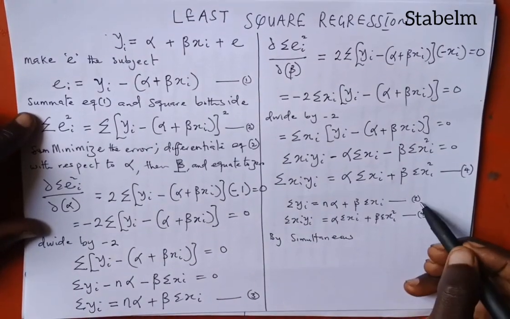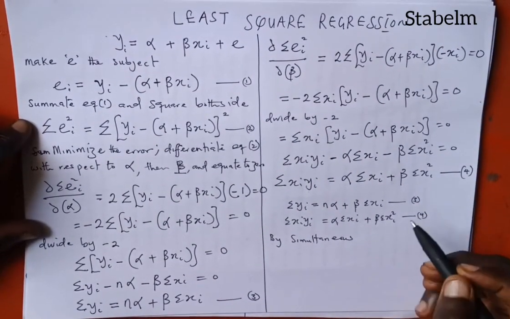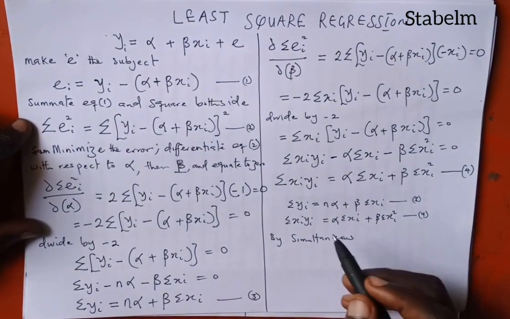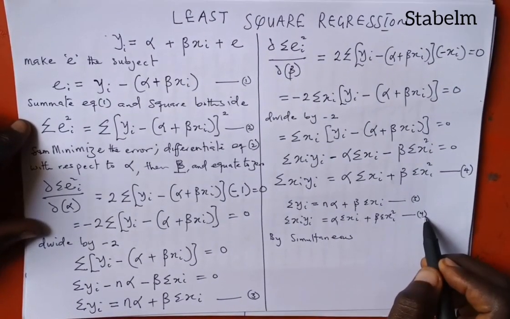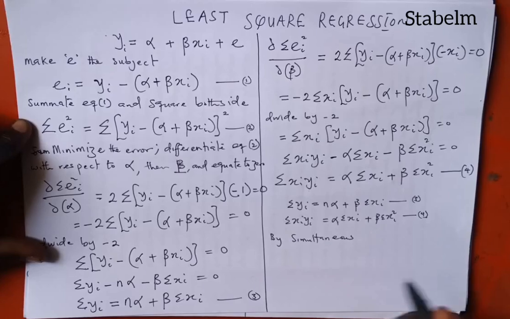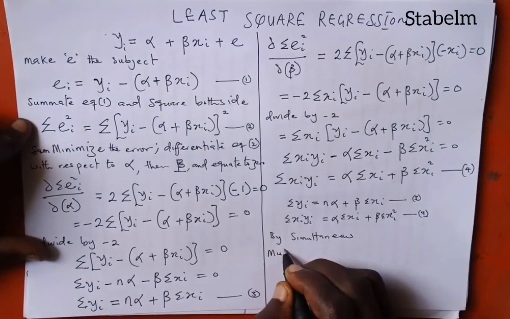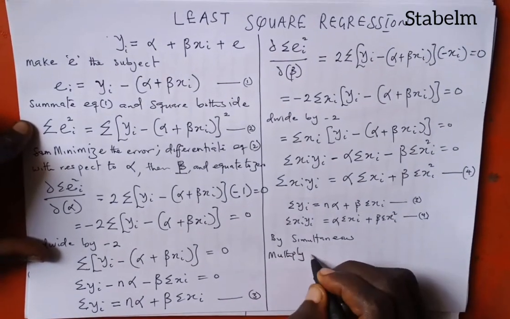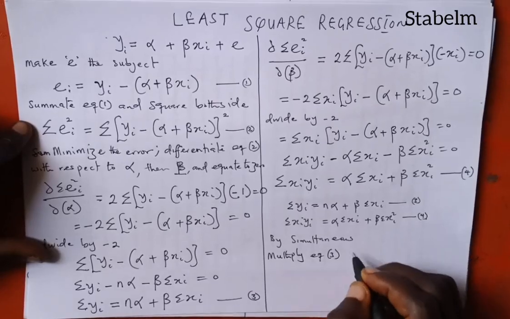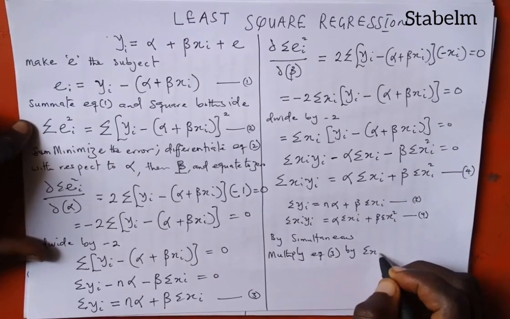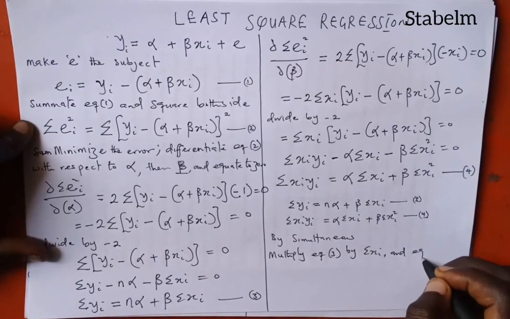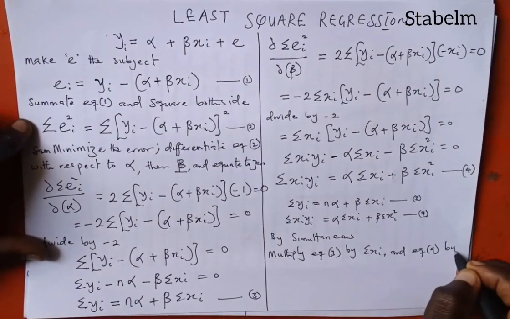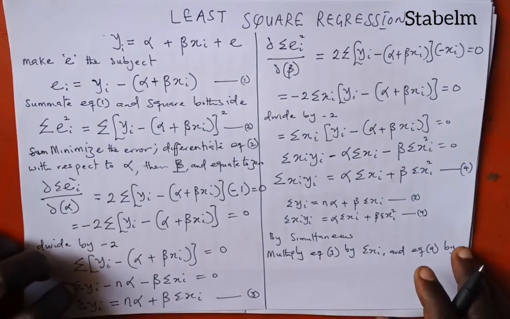We're going to multiply equation 3 by summation xi because we want to eliminate alpha. Then we'll multiply equation 4 by n. That is, multiply equation 3 by summation xi and equation 4 by n.